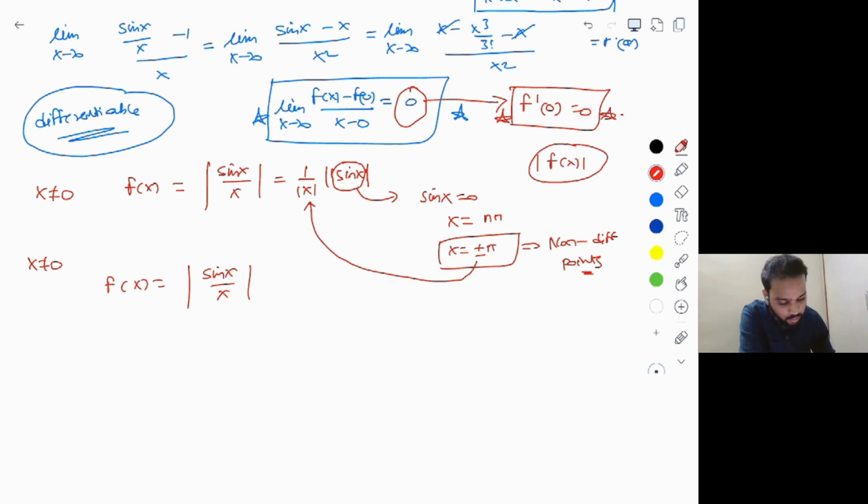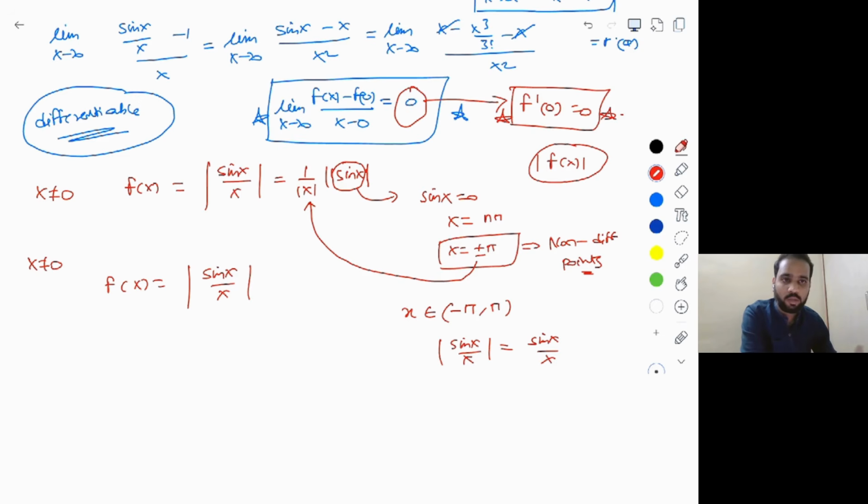For example, in the interval minus 2 pi to 2 pi, when x belongs to minus pi to pi, I can directly write mod of sin x divided by x equal to sin x by x, because if you observe the graph of sin x and y equal to x, you can understand that in the interval minus pi to pi, sin x and x will have the same sign.